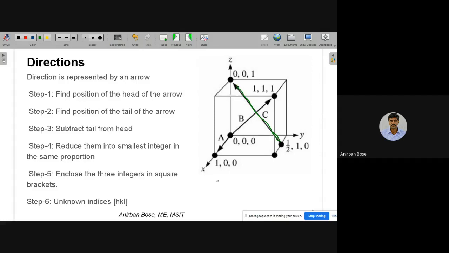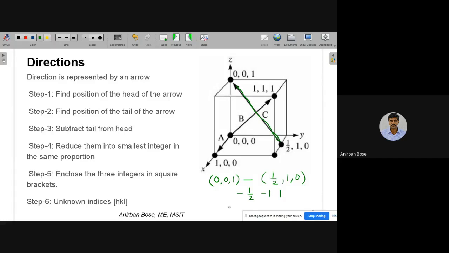What will be the first step? Write the coordinate of the head, 0, 0, 1. Write the coordinate of the tail and subtract. If you do head minus tail, what you get is minus half, then 0 minus 1 is minus 1, and then 1 minus 0 is 1.